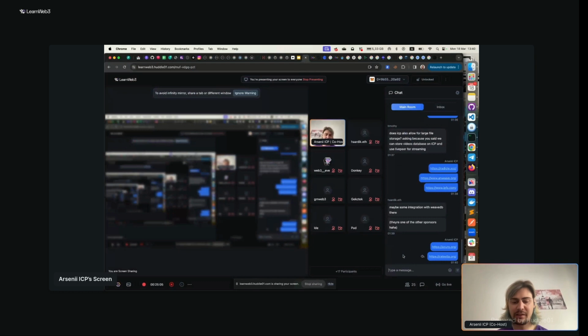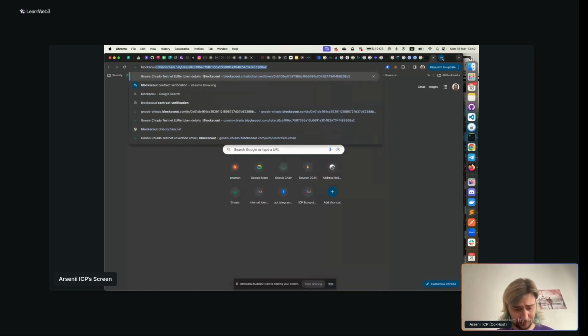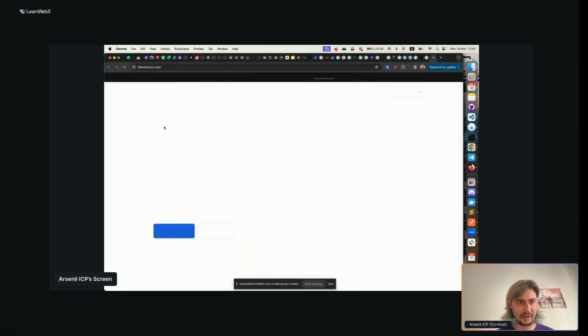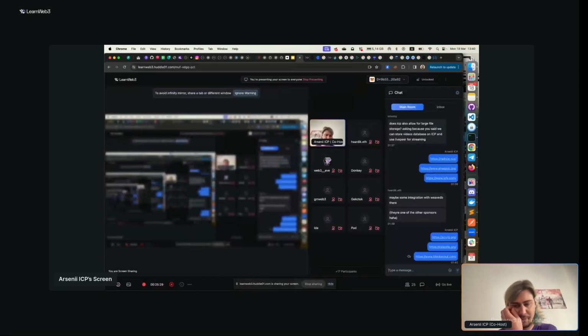So the logic will be on ICP and the storage in any other place. And for showing this data, you can take Blockscout, an open source explorer for EVM chains. If you make it decentralized, it will also be cool.